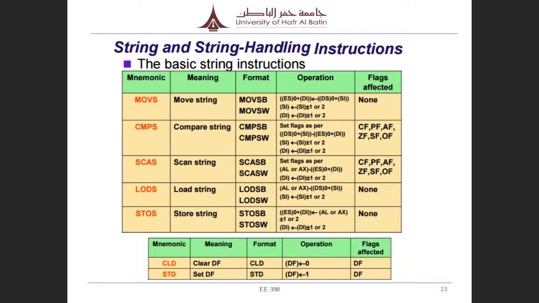When we have a long set of data, we can use some special instructions to make things easy. Because if we have 10 data, we take them one by one, and it takes a long time.